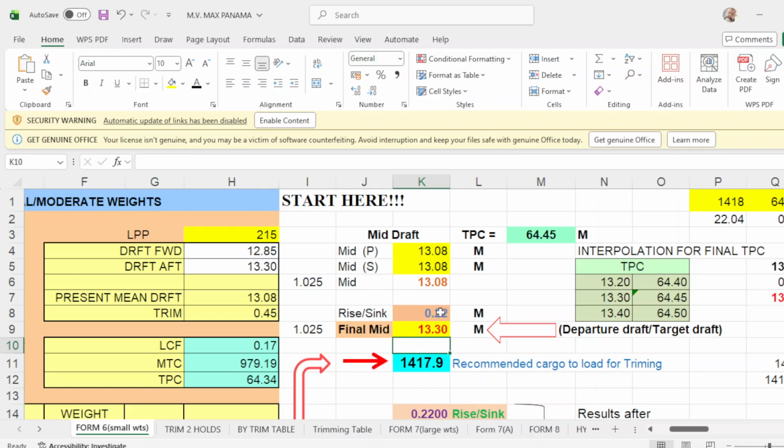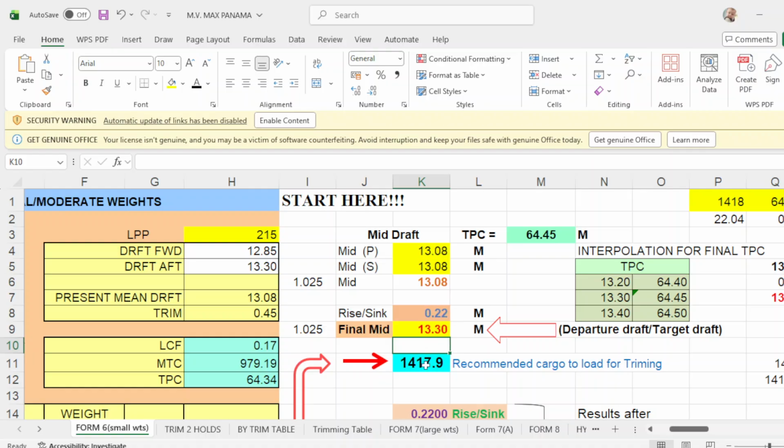Now, there's another way of getting this 22 centimeters, or sinkage. That we call sinkage. I'll just continue this one first.